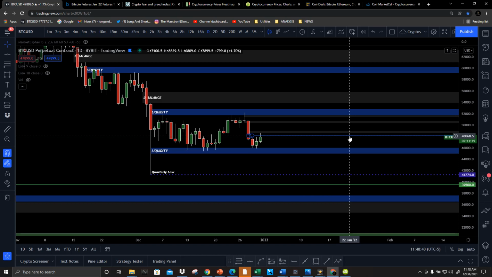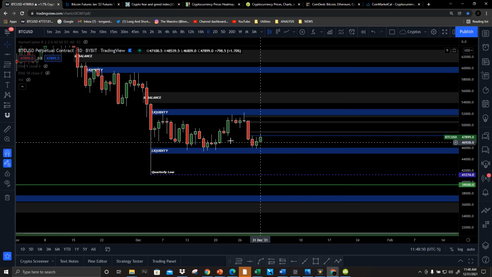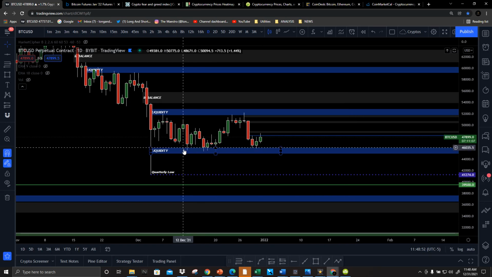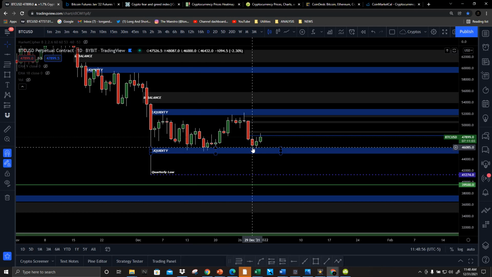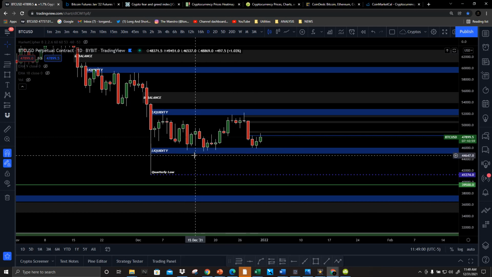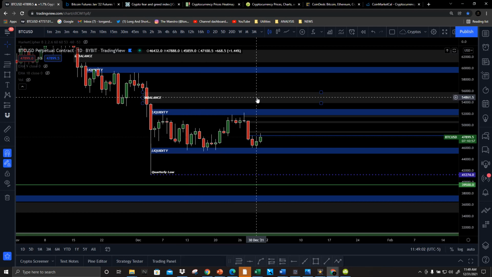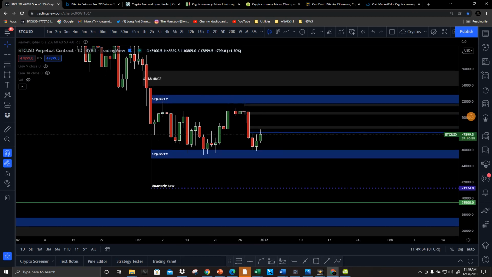What do I mean by liquidity? Stop losses, limit orders, taking guys off of the table, essentially, is what liquidity is. So when, for example, equal lows are printed, what sits below those lows? Stop losses for guys who think the price is going to go up. What sits here at these equal highs?